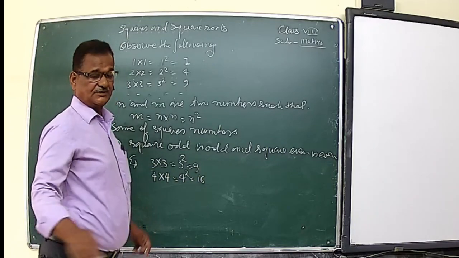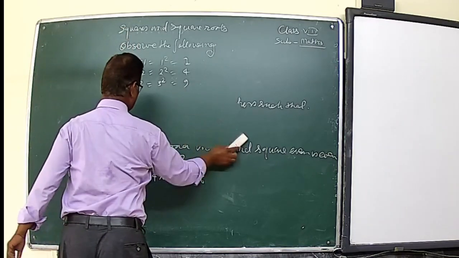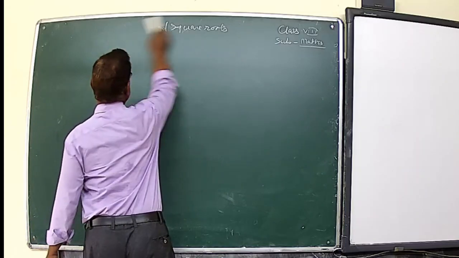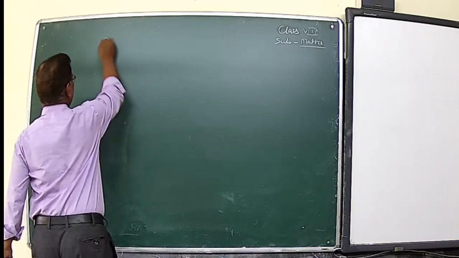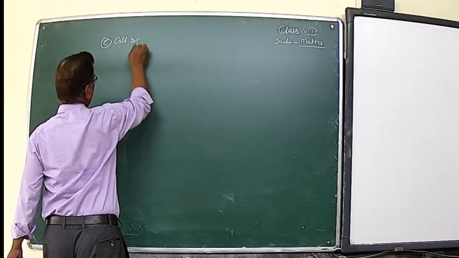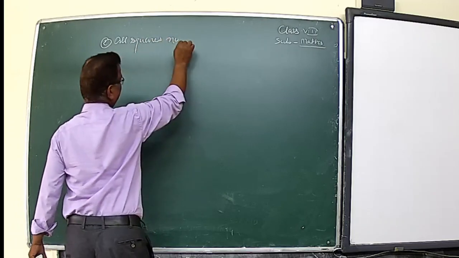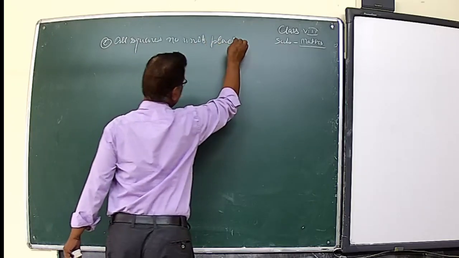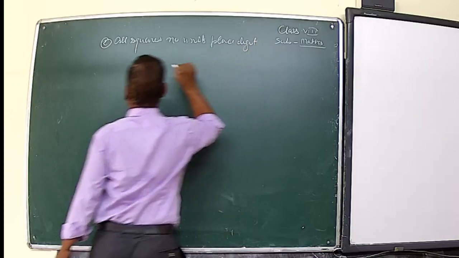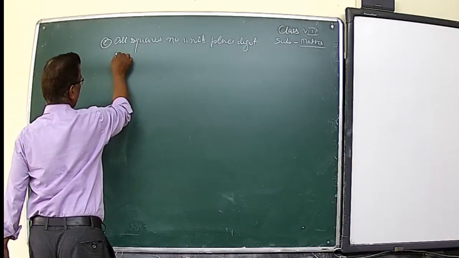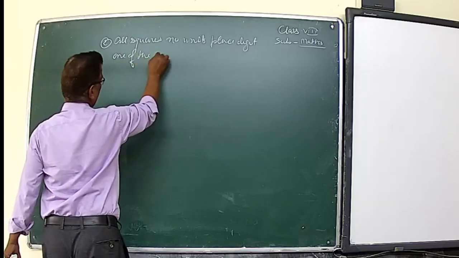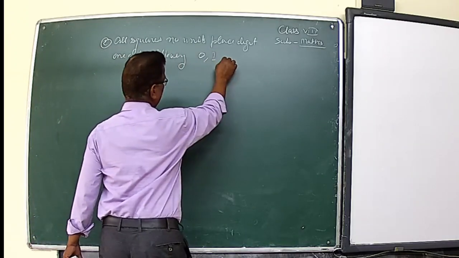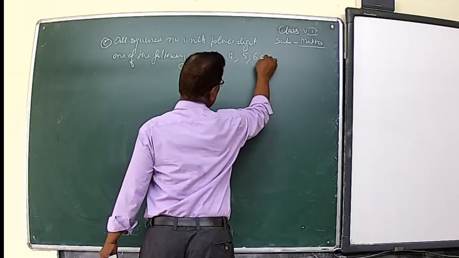Now, the next property. Second property: all square numbers have a unit place digit of one of the following: either 0, 1, 4, 5, 6 or 9.